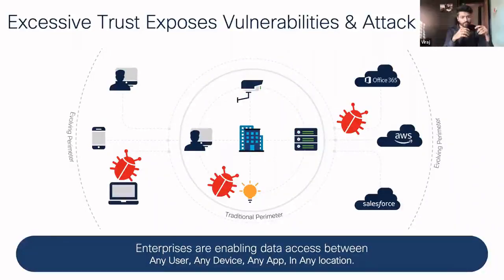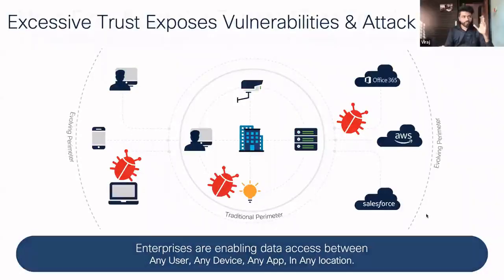So if you are encountering malware sitting at home, but you are still VPNing into your campus, that means you are at risk of exposing your campus as well, right? Because the malware can travel from your home to the traditional perimeter, and from there it can even go to the cloud, and then your entire network is busted open. So that's the problem with excessive trust.